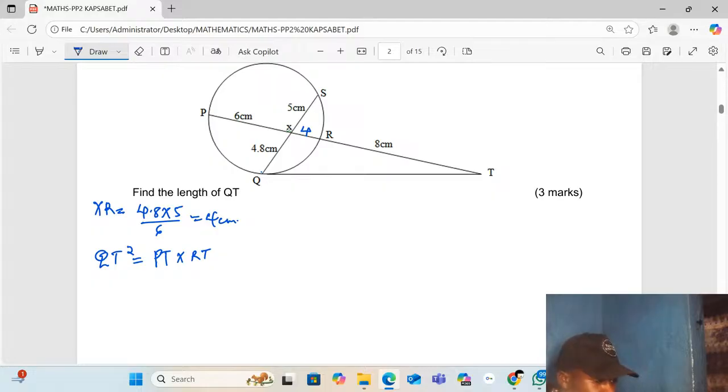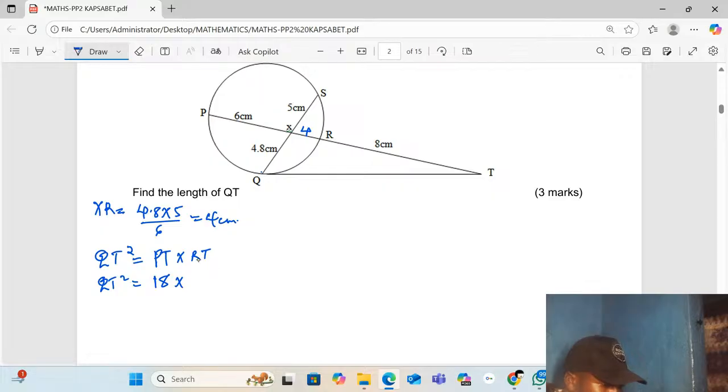So that is how we get QT squared. Now, QT squared becomes PT, the value of PT is 18. PT, the whole of it, is 6 plus 4 plus 8, and we get 18.